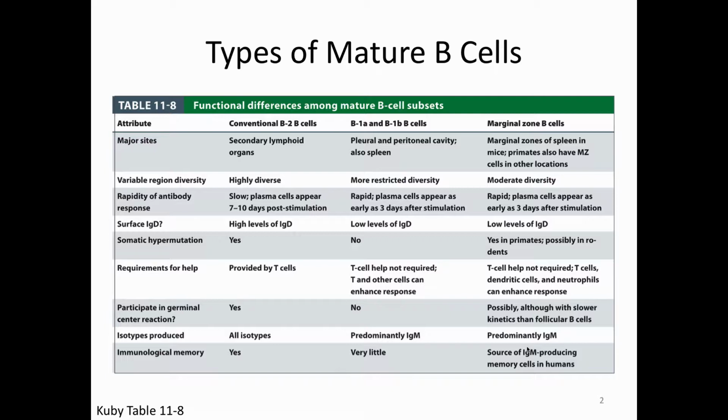There are other types of B cells, specifically B1 cells and marginal zone B cells, that vary in some aspects of their development and effector functions from what I am going to tell you about today. And I'm not going to go into a lot of detail about B1 cells or about marginal zone B cells. I just want you to know for your future life that technically when I told you about B cells and peripheral B cell responses, I was focusing only on one type of B cell response, the B2 follicular B cell.